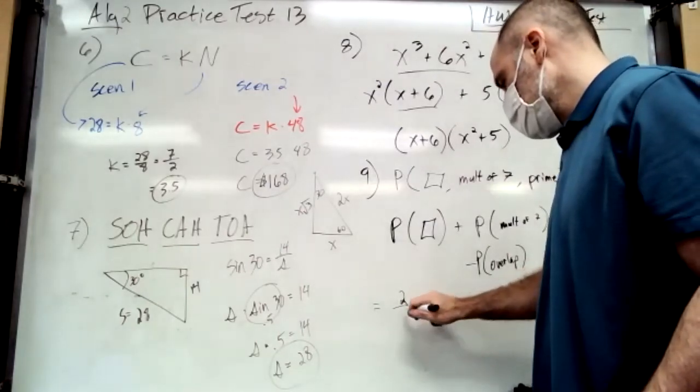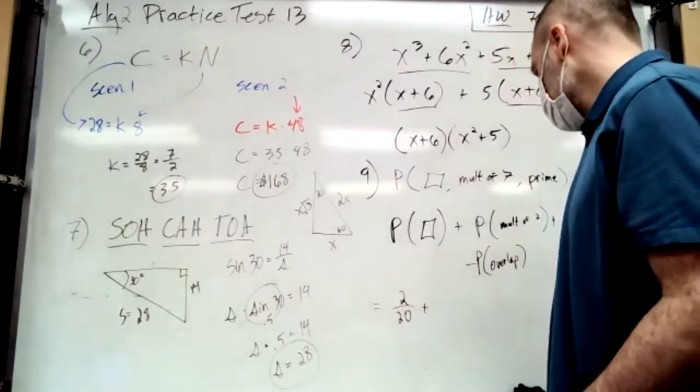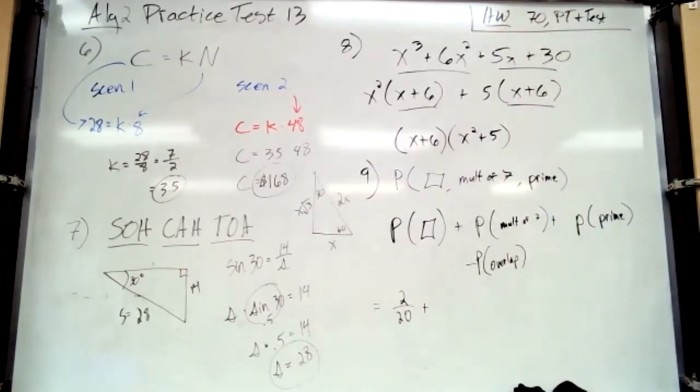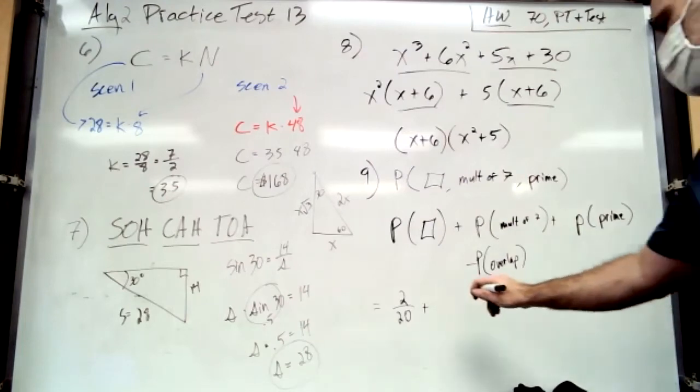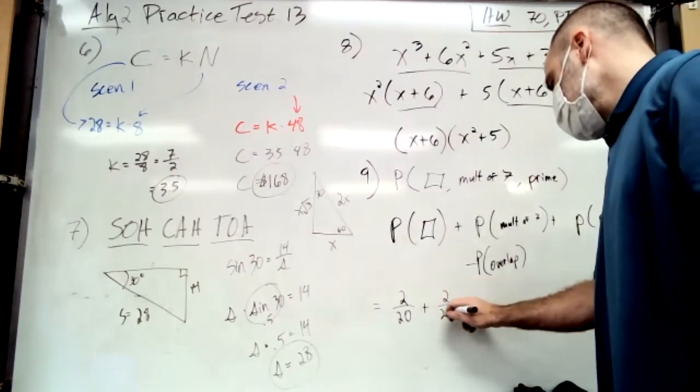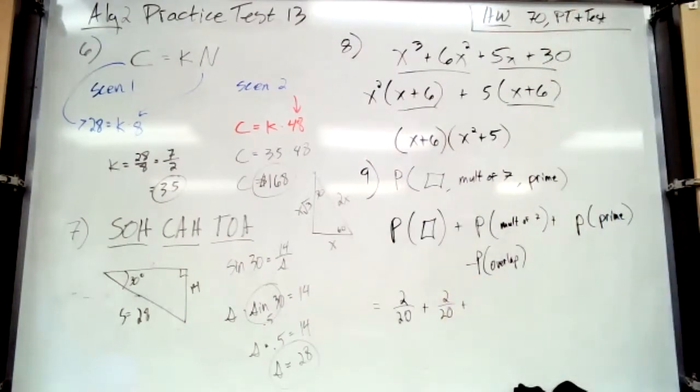Okay, so plus multiples of 7. You got 14 and 28. You just got 2, right? Yeah. So 2 out of 20 again. How many prime numbers? Well, you got 11, 13, 17, 19, 23, and 29. So 6 out of 20.